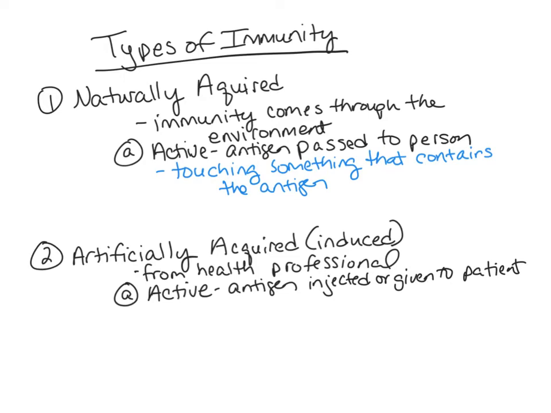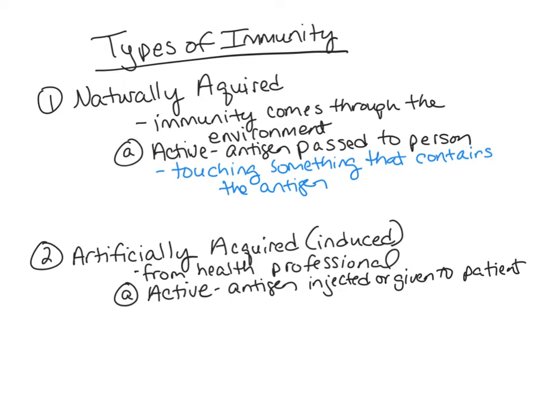A vaccine is either a live virus, which normally they haven't been doing; they used to do the polio virus live. Or it's attenuated, which means that the virus has been killed and broken apart, and then the antigens are just transferred to the person. But then they're able to develop an immunity against that antigen.